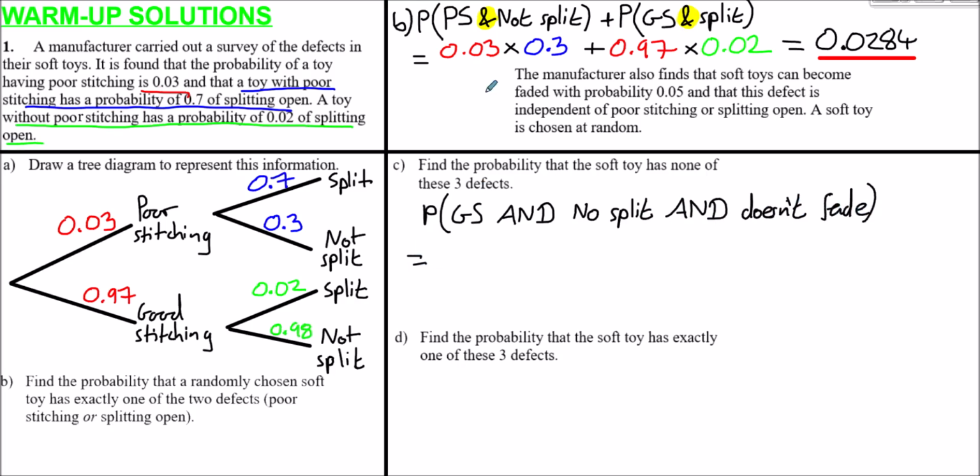So, like I said before, the and works as multiply, like I did here. So we're going to have three different probabilities multiplied together. So first of all, we'd have to have a toy picked which has good stitching, which is a 0.97 chance.